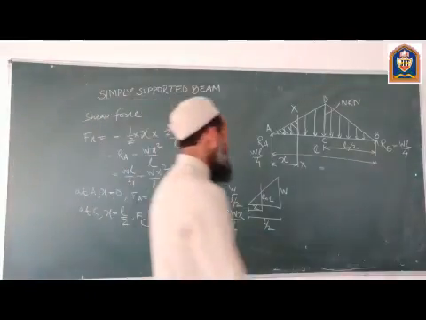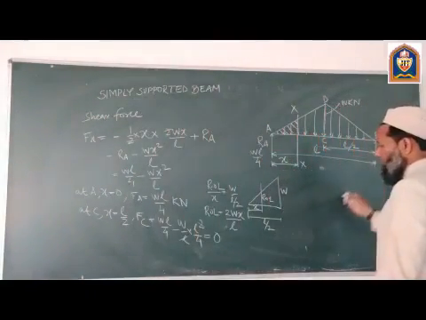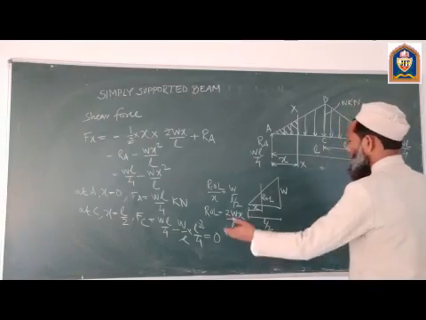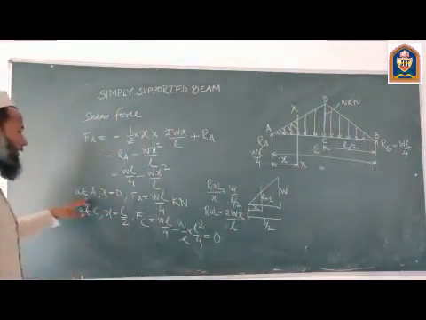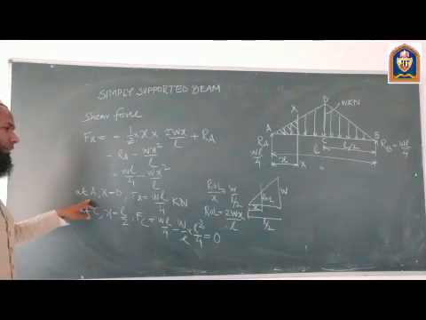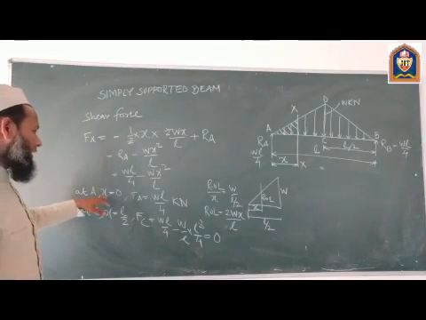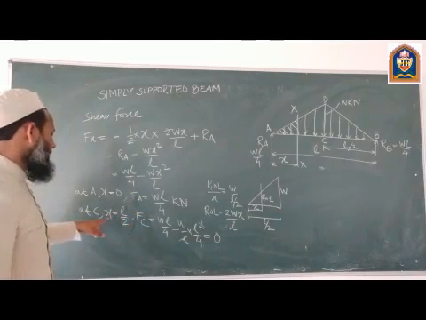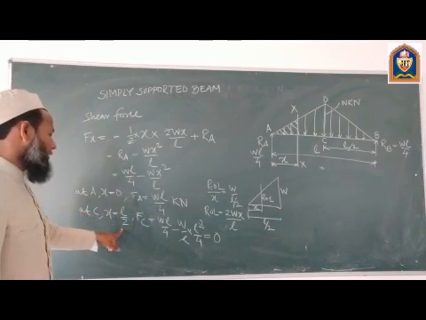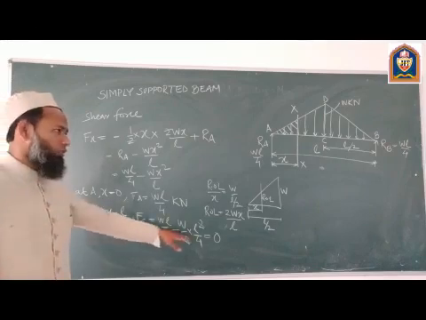Now we will write down these values at both the points. We have calculated the value of the shear force at x is equal to 0, that is at point A, Fa is equal to WL by 4, and at C, x is equal to L by 2 and Fc is equal to 0.